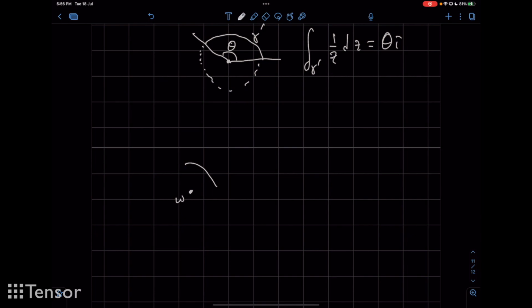So this is our omega, and this is the arc BC. BC was oriented this way. Now, what is the integral over BC?